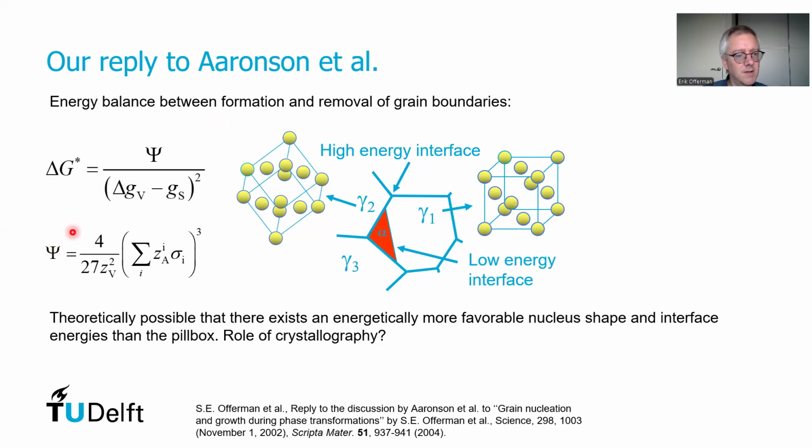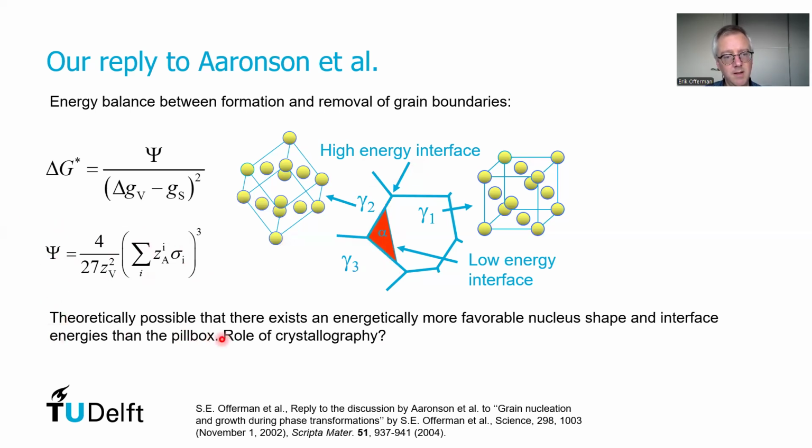So if you look at this psi value, then you see here the shape parameters and you see here the interface energies. Yeah, and if there is a good balance between the energy that is needed for the formation of low energy interfaces and the energy that is released to the system, possibly higher energy interfaces, then these psi values can be relatively low.